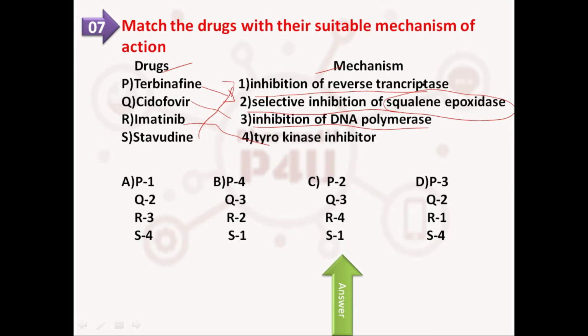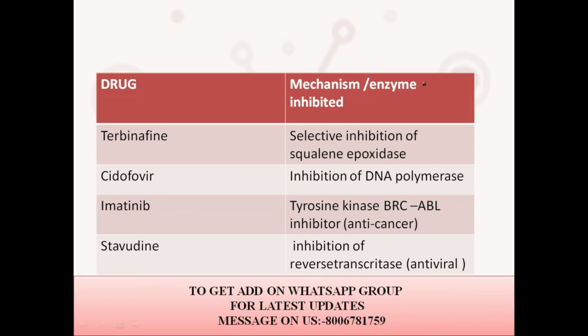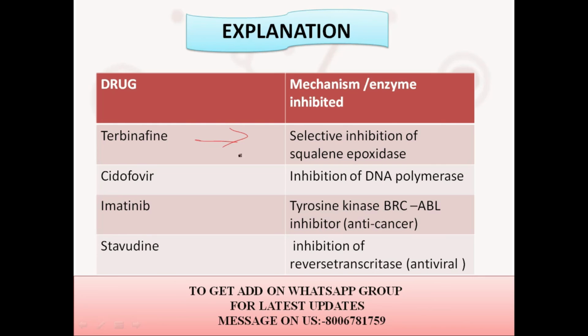So students, try to note down these short points. Here we have the explanation. Terbinafine is an inhibitor of squalene epoxidase. Cidofovir is a DNA polymerase inhibitor. Imatinib is a tyrosine kinase inhibitor, and stavudine is an inhibitor of reverse transcriptase. It is an antiviral drug.